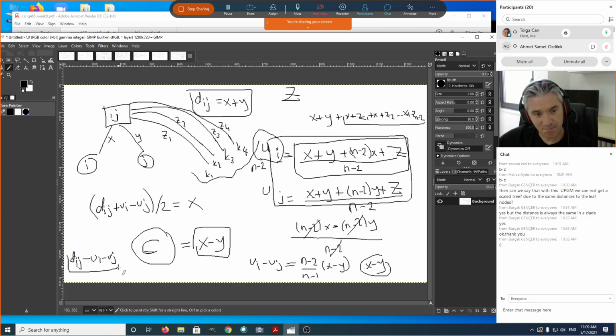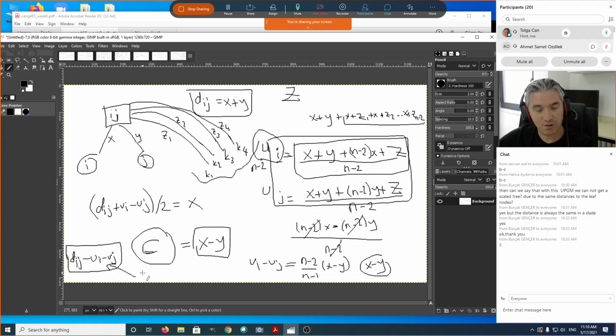Look at this measure. What does this tell you? By selecting a pair of objects for which this value is smallest, you're looking for pairs of objects which are close to each other. dij is as small as possible, and ui and uj are as large as possible. When ui and uj are large, it means that they are far away from the rest of the network.